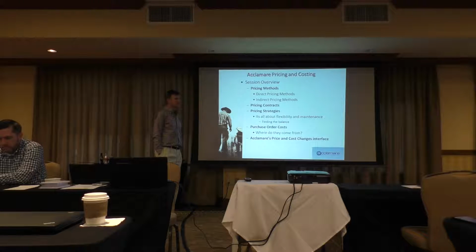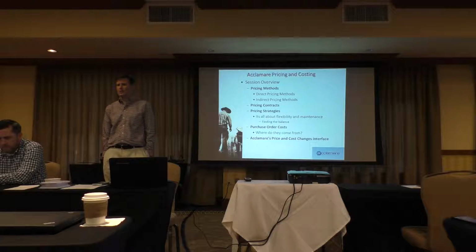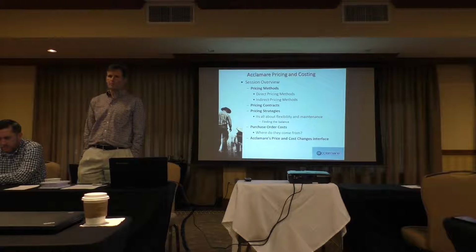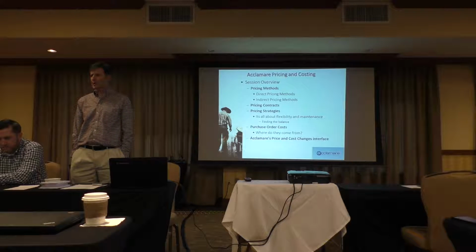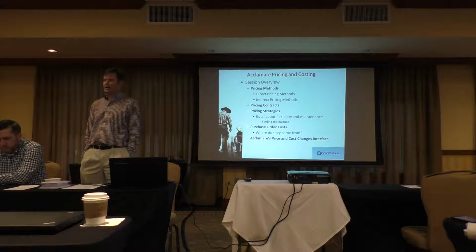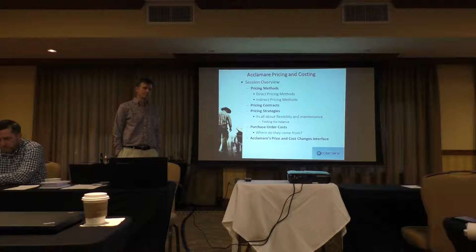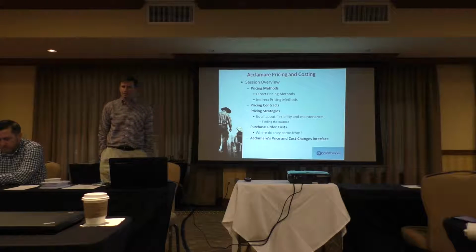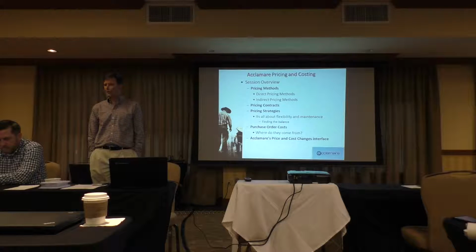Indirect pricing methods are ways to affect your margins and generate more revenue without necessarily changing item prices. So we're talking minimum order fees or minimum line charges, surcharges, bottom line discounts. These are all ways to impact overall margin on an order or an invoice without impacting individual item prices.